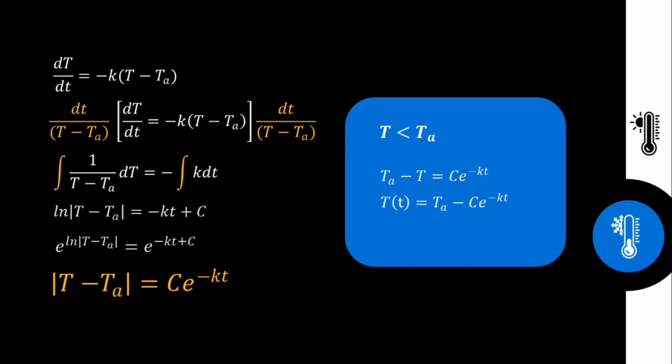So that is going to be equal to c times e raised to the negative kt, and so then to solve for T, you could add T to both sides and subtract c times e raised to the negative kt. We will now have T as a function of time is equal to T sub a minus c times e raised to the negative kt. So this is the case where you have something that is cooler than the ambient temperature.